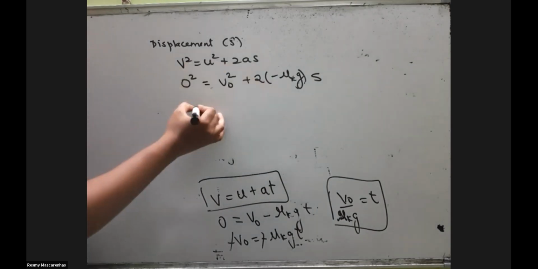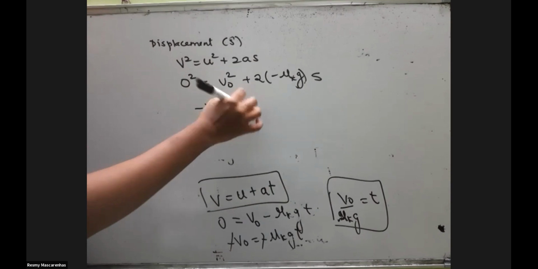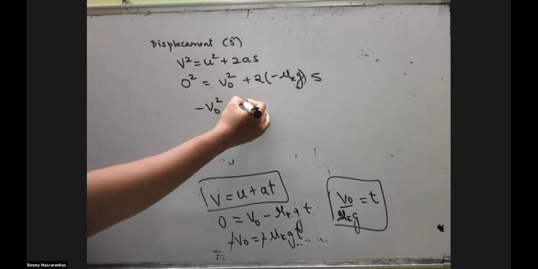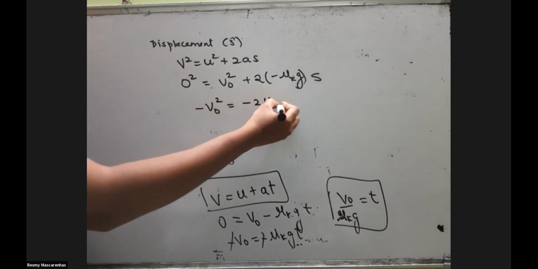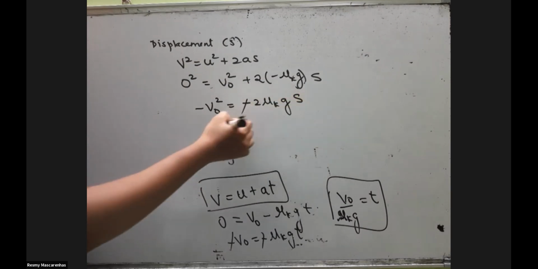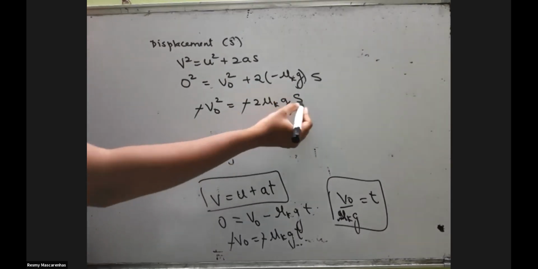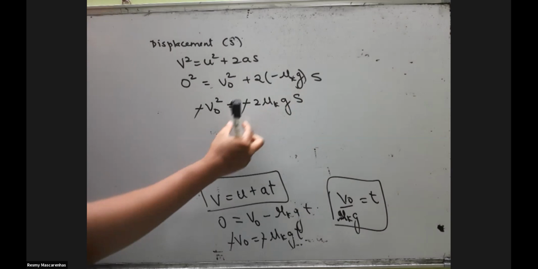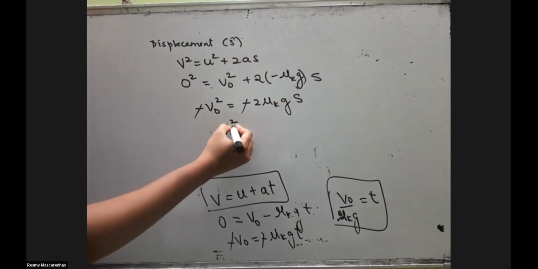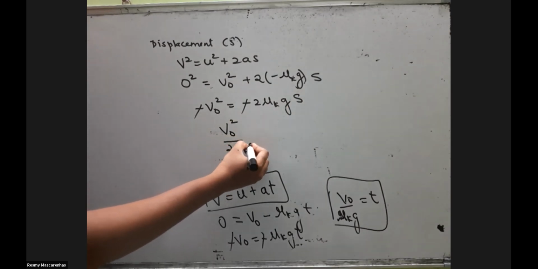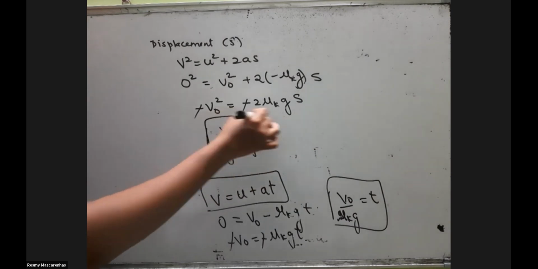So bring this fellow this side, so it will become minus V naught. Minus minus will cancel. I want to calculate the value of s, so this whole thing will come down. That is your answer for displacement.